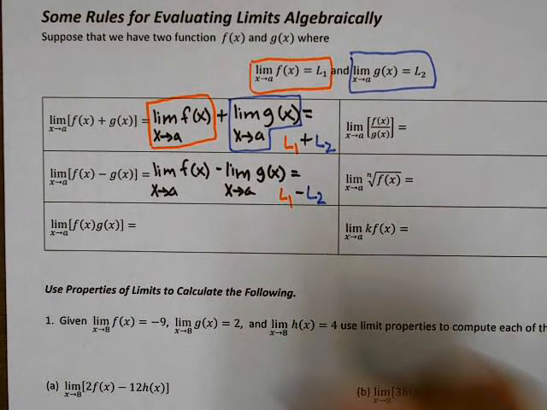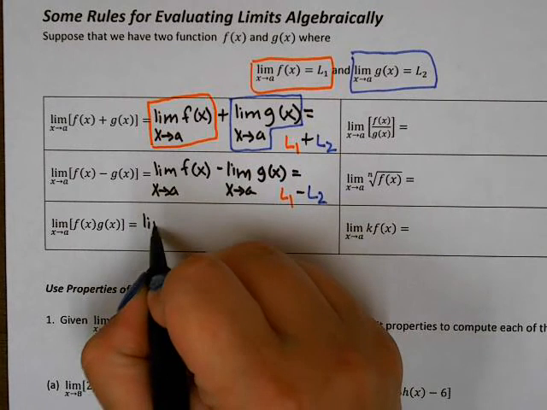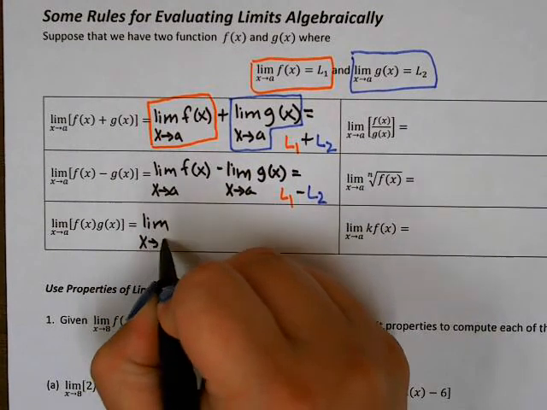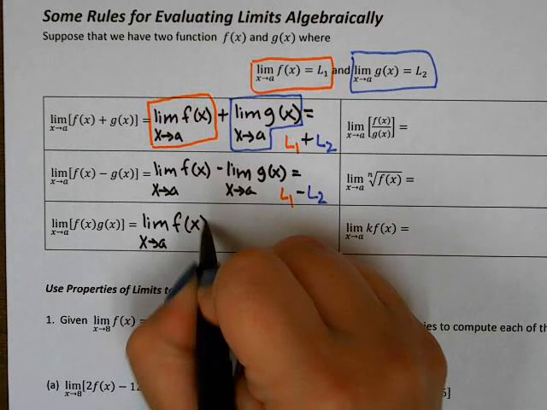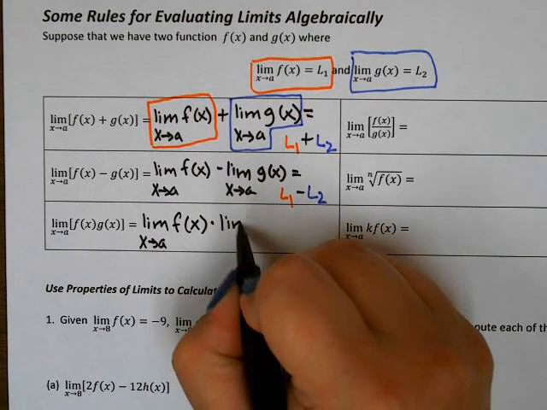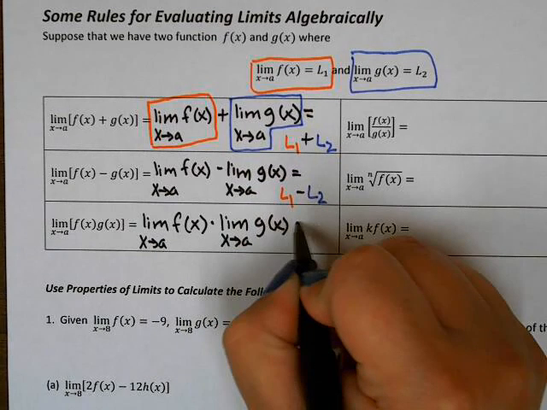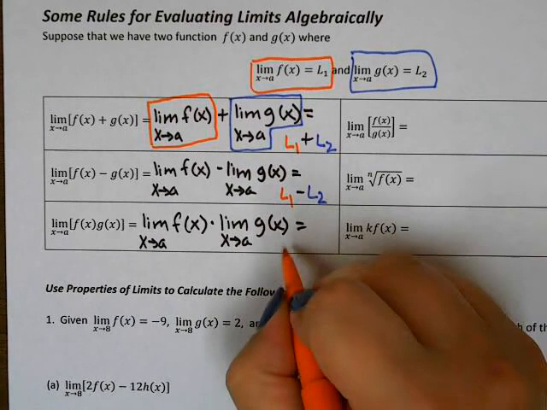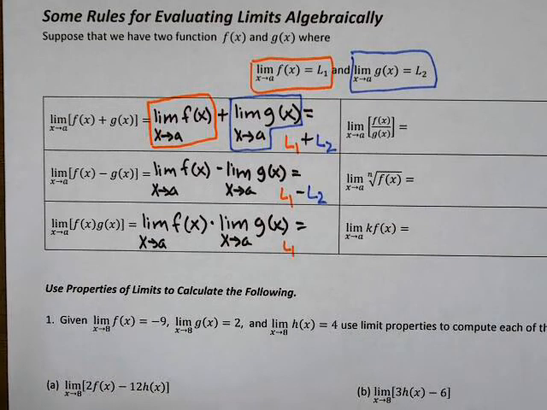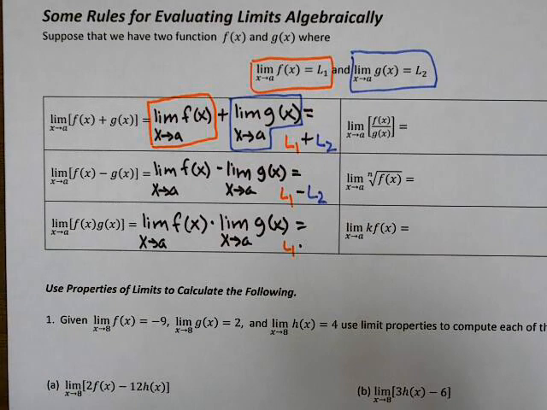Same thing for multiplication. So the limit as x approaches a of f of x times the limit as x approaches a of g of x, which means that's the same as L1 times L2.